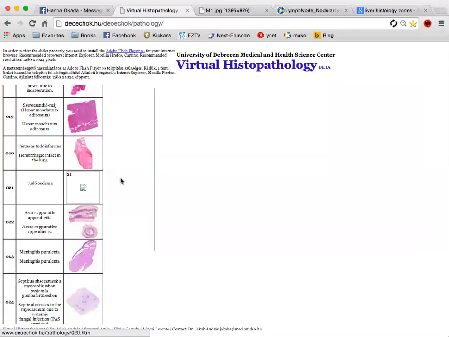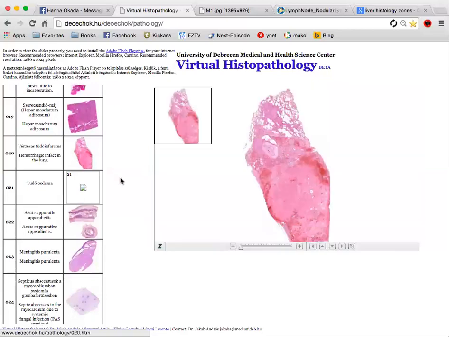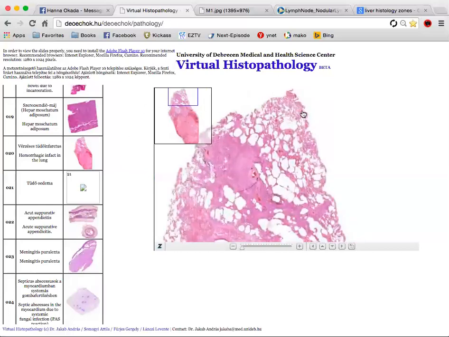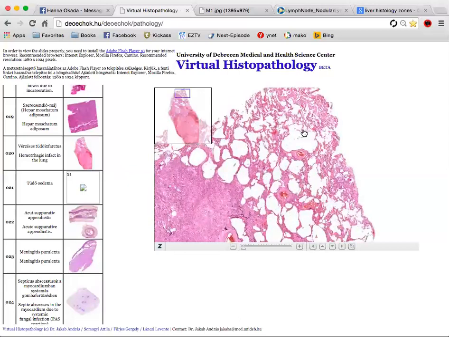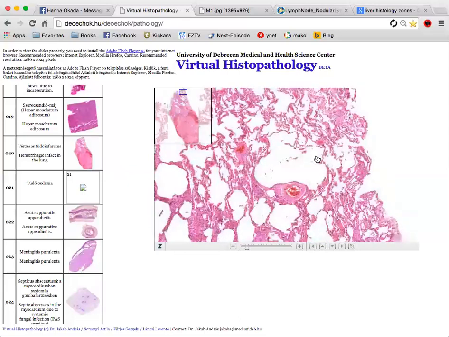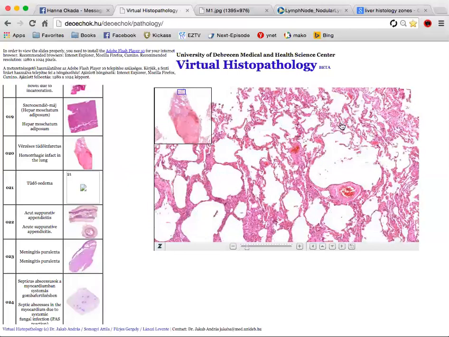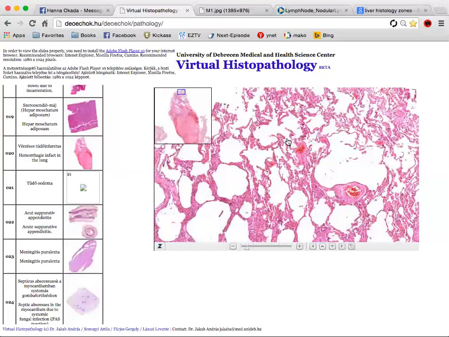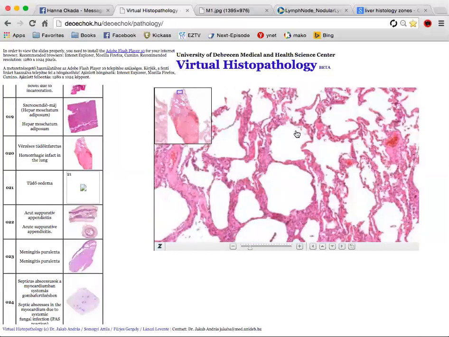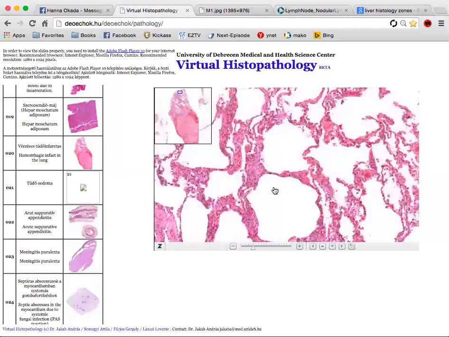So next up, this is a hemorrhagic infarct in the lung, and we talked about the fact that the lung has 2 separate blood circulations, the bronchial and the pulmonary. If we go to the periphery here, you'll be able to see that it's actually a lung. You can see these alveolar walls, and these are huge alveoli.